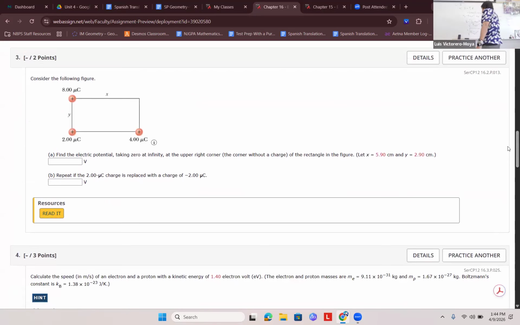You have a rectangle with three point charges, and you want to find the electric potential, sorry, at the upper right corner.